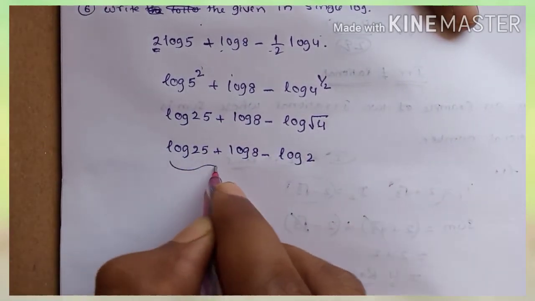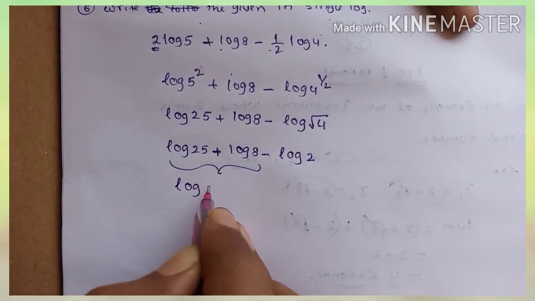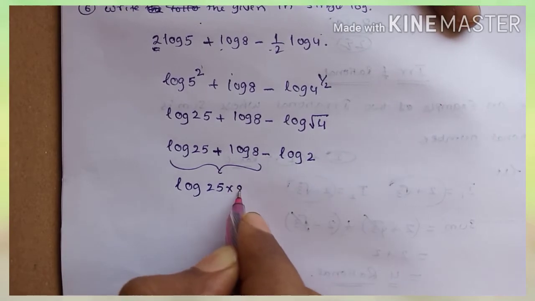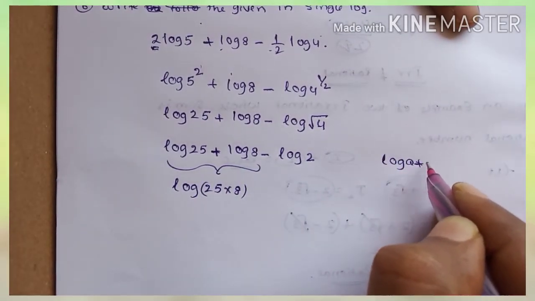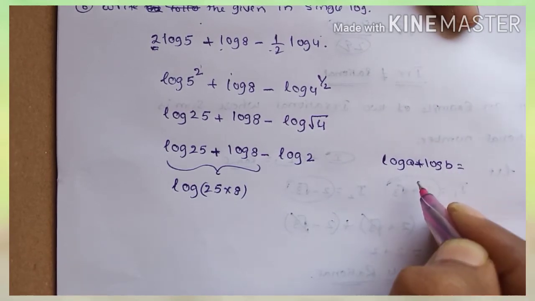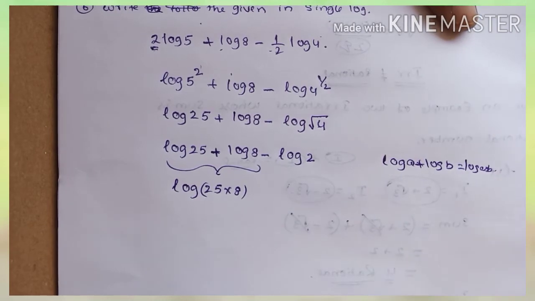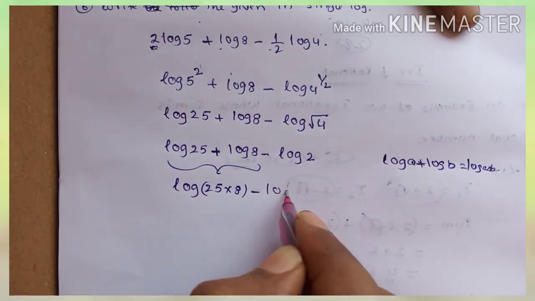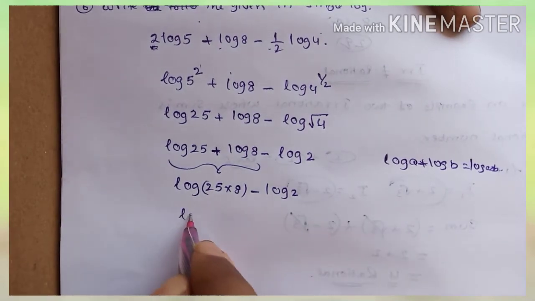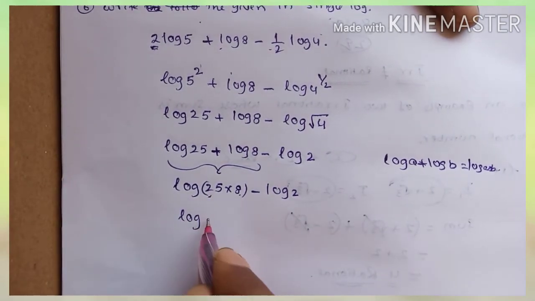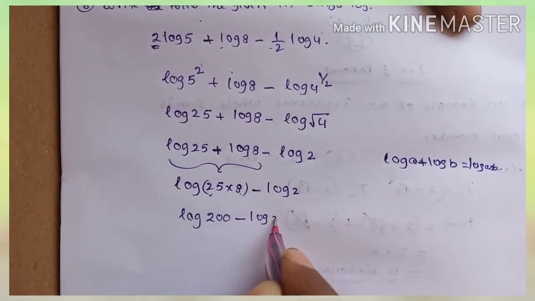Right, these two have plus between them. So log 25 into 8, because of the formula logarithm of a plus logarithm of b is equal to log a into b. So minus the remaining value, log 2, the same. Right, now logarithm of 25 times 8 is equal to 200, minus log 2.